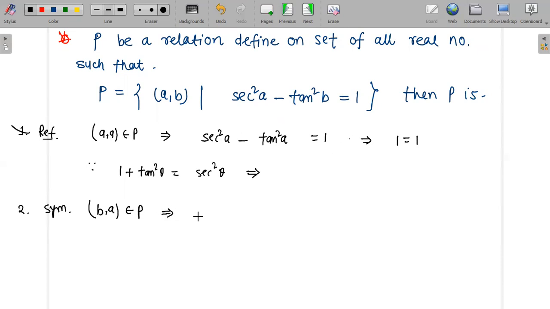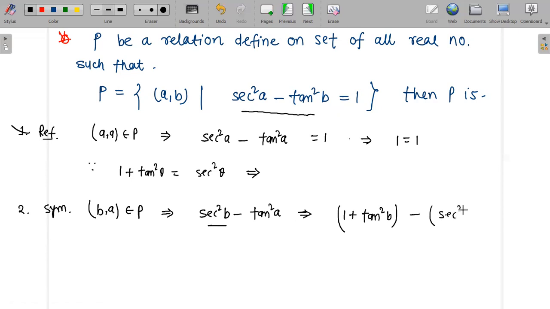That means from the given relation, I need to prove that secant square b minus tan square a is equal to 1. But what I know is secant square a minus tan square b is equal to 1. So let me use this trigonometric identity again. This secant square b can be written as 1 plus tan square b. Am I right? Similarly, this tan square a can be written as secant square a minus 1.